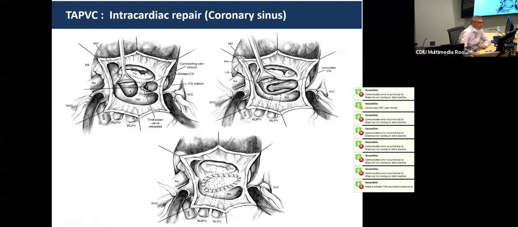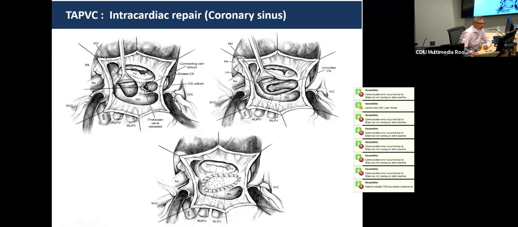This shows repair of the intracardiac or coronary sinus type, which is perhaps the most straightforward repair. You can see that the coronary sinus is opened up here, or unroofed, in this image here on the right-hand side with my pointer.